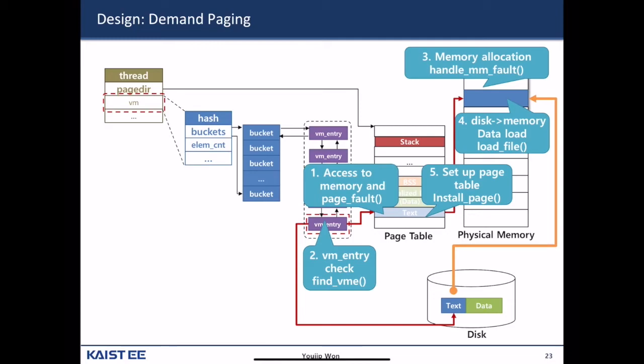First, it makes an access to memory and finds that it generates a page fault. And then when the page fault happens, it scans the set of VM entries and checks if the given memory access can be serviced by one of the objects in the VM entries.